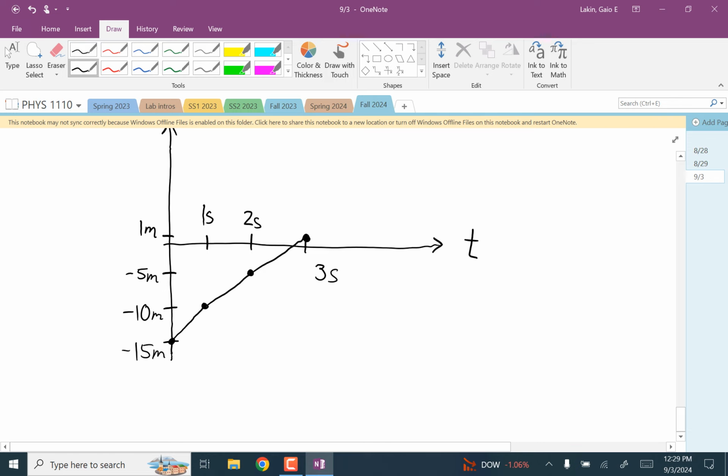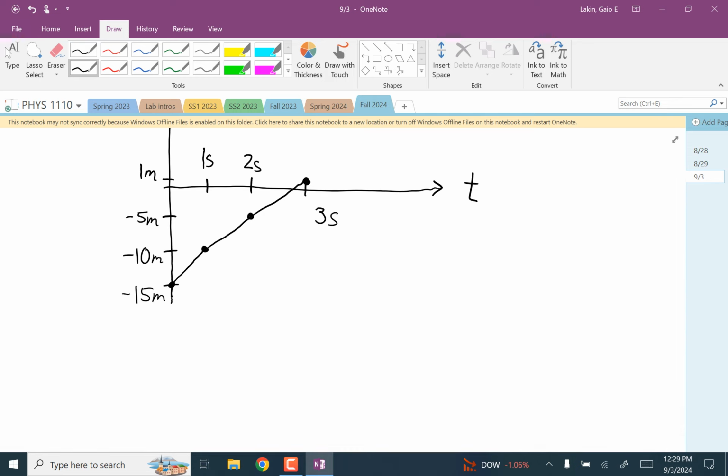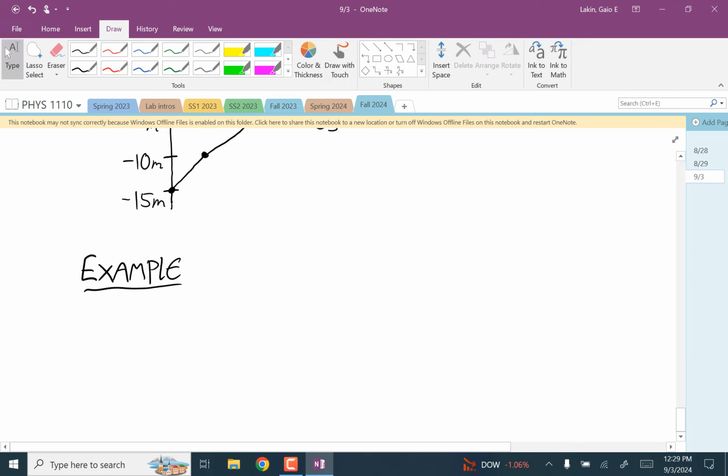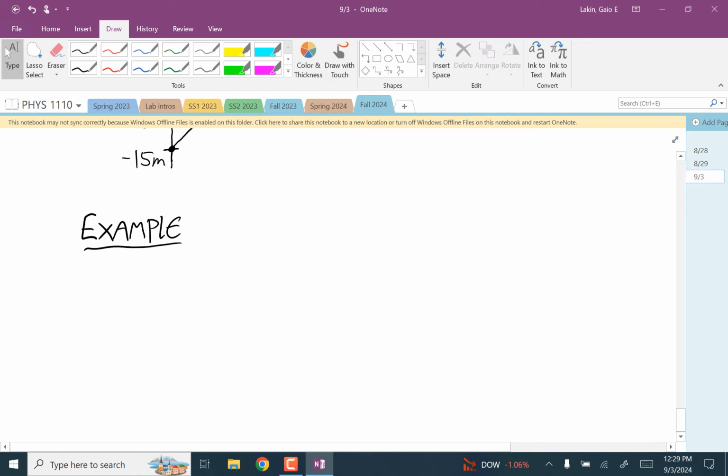Okay, so the first kind of problem that you're going to have to do a few of is like this one. So I'm going to describe a physical motion, and then we're going to make a position versus time graph. So let's say we have a setup like this. There's a shed here. There's a fire hydrant.